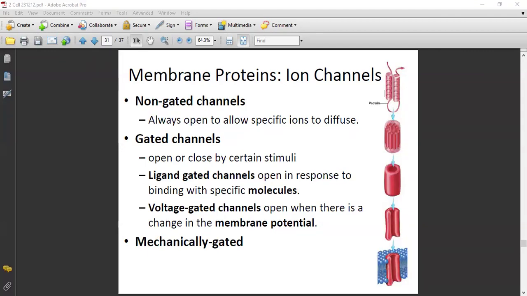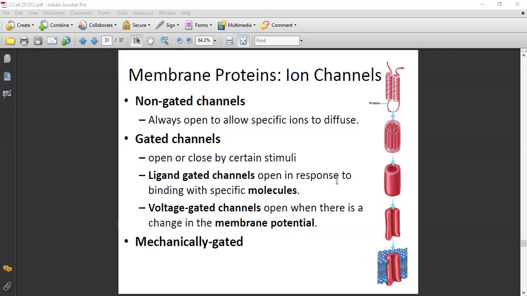And there are some other channels that are not gated. When it's not gated, we call it a leakage channel. Cells have multiple leakage channels. They allow things to go through. So we can have gated, we can have non-gated.